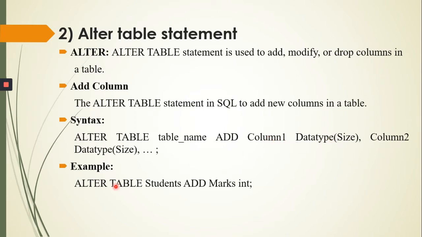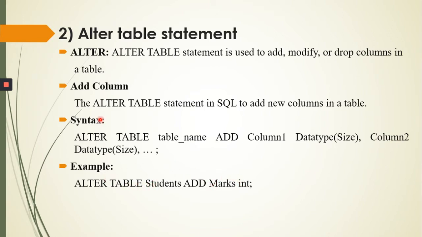For example, in the student table we want to add one column, marks. So alter table student add marks integer. Marks is my column name and integer is my data type. This column is now added in the student table.